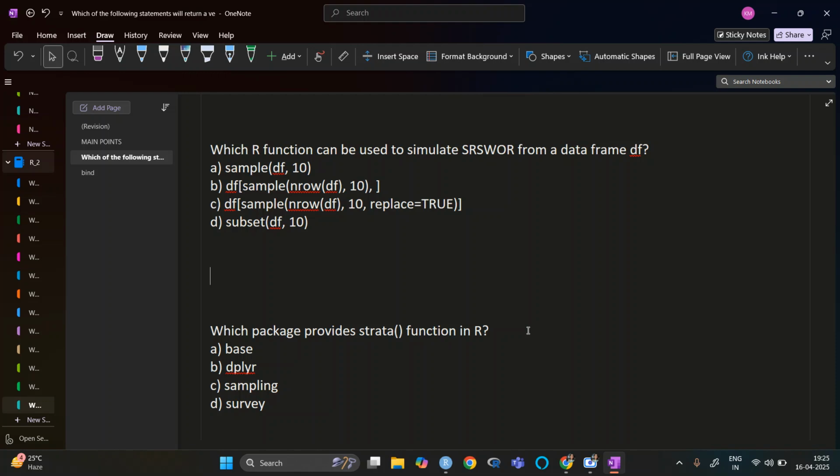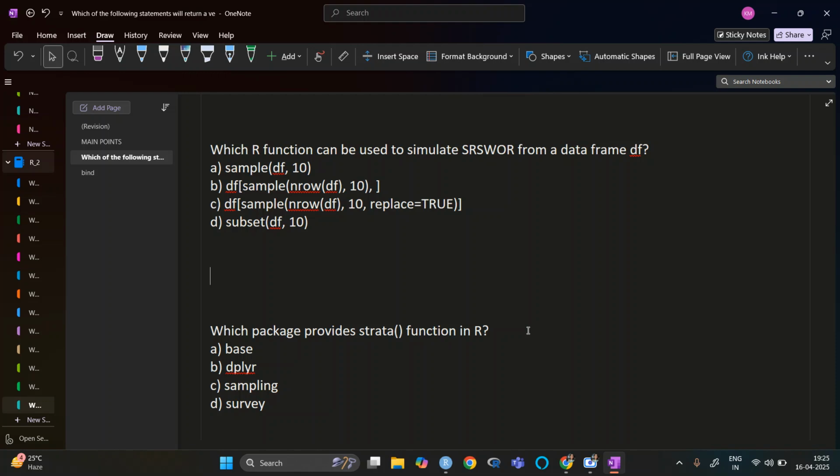So it will give you from the whole data frame. This one can also be used, but the third one cannot be used, and the last one cannot be used, because the third one is WR.